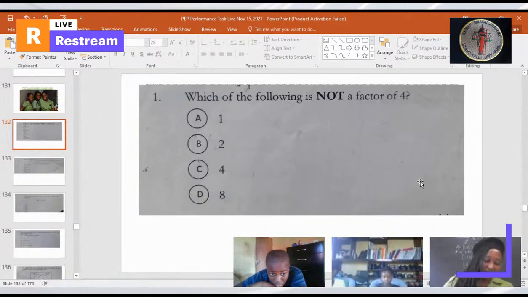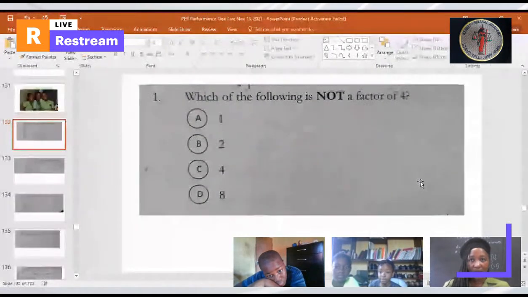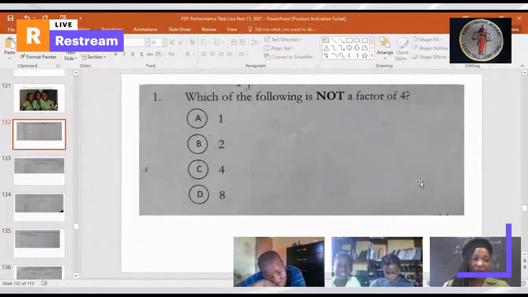You all are giving me definitions that are closer to what a multiple is than what a factor is. Because if you're telling me something can go into, that's a multiple. The thing that can go into the bigger number is the factor. So a factor is a number that can divide equally into another number without leaving a remainder.